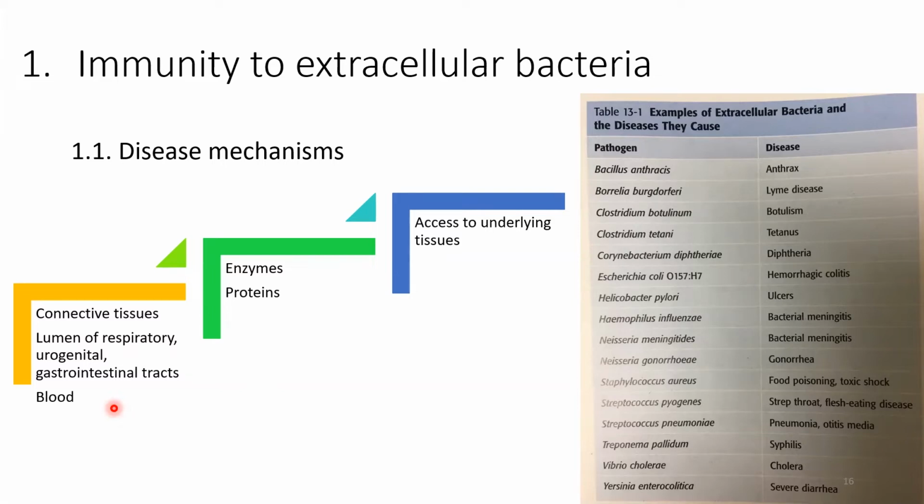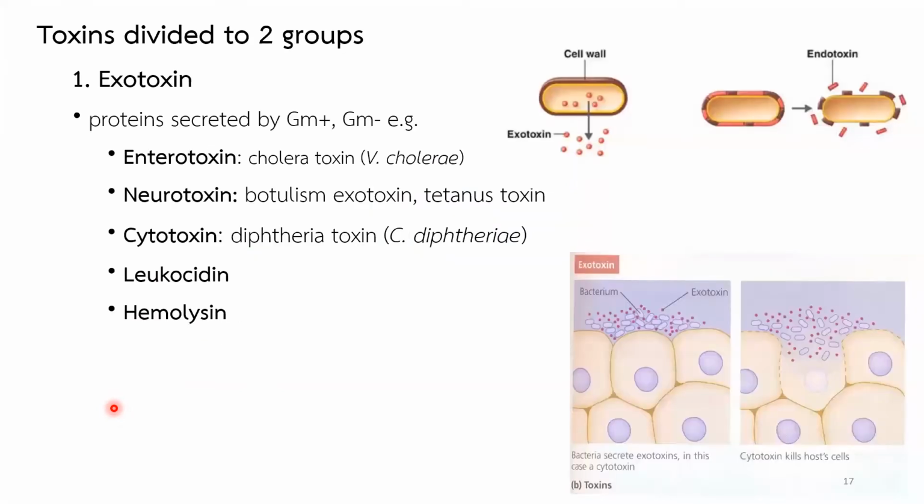But these bacteria can evade our tissue barriers to reach deeper tissue and cause disease, because they can produce a number of virulence factors. The most important virulence factors are toxins. They are exotoxin and endotoxin that Ajahn Scarlett has already lectured on.